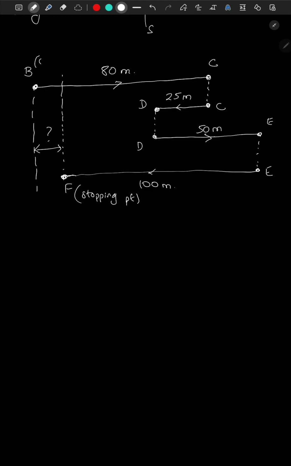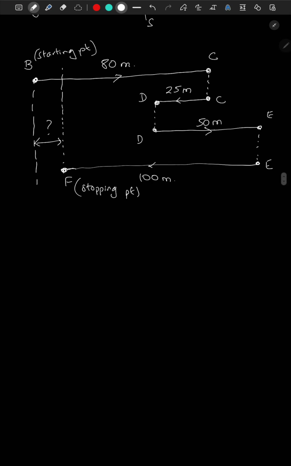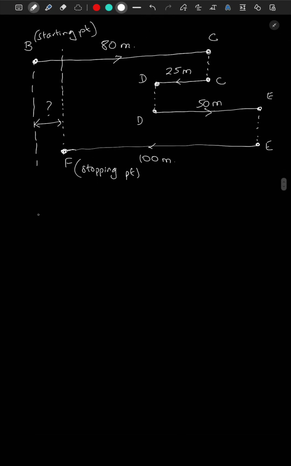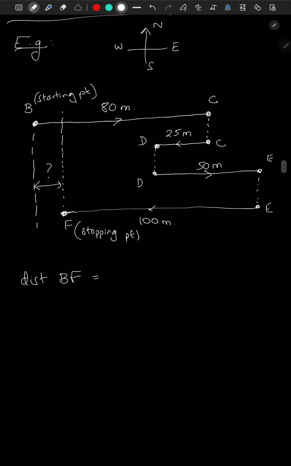So this one is the starting point. So now the question is, what is the distance that you covered? So the distance that you covered, BF, is the addition of all the lengths that you see. It is BC plus CD plus DE plus EF.